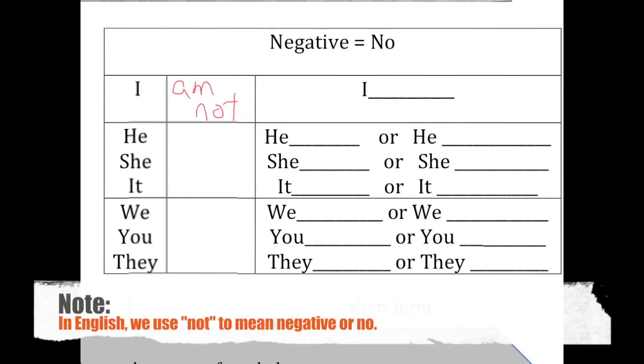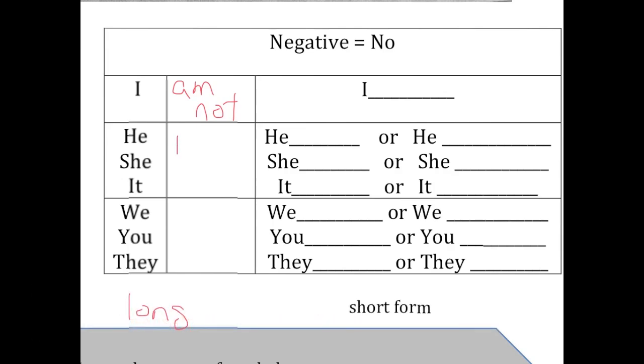Let's apply that to the other things that you see down here. You have he, she, it. What's the positive again? Is. So what do we do to make it negative? Not. And we, you, they. What do we do? It's are.